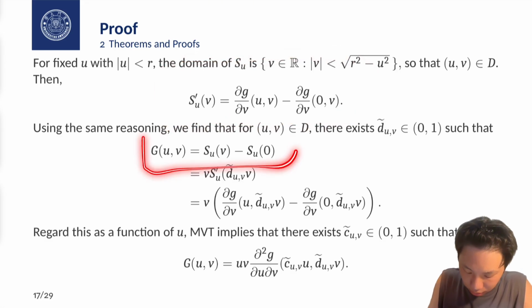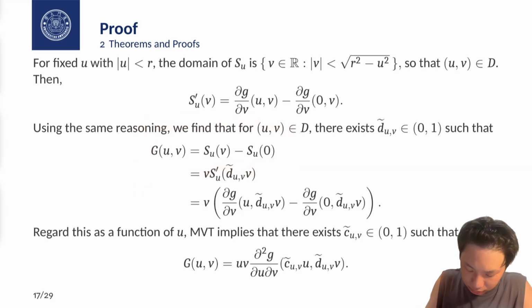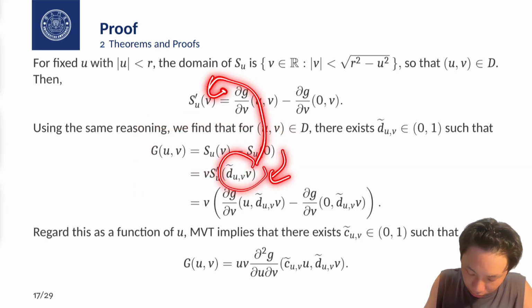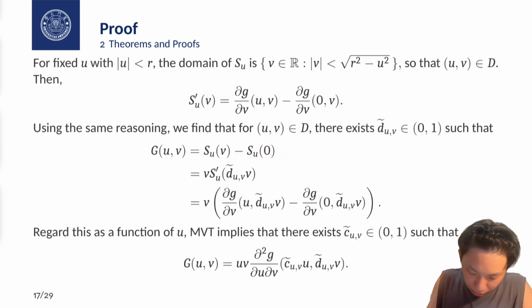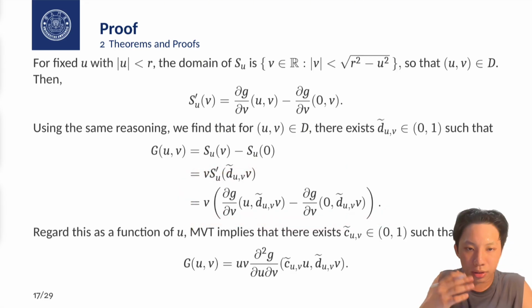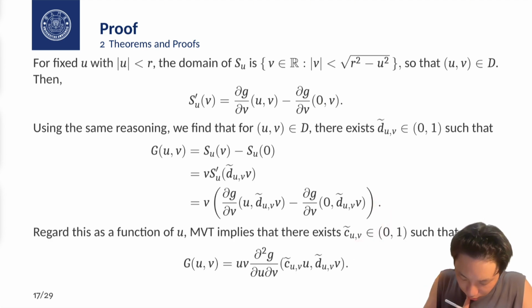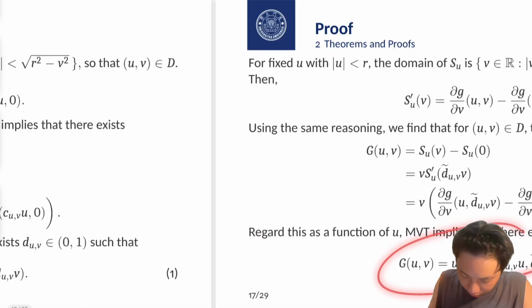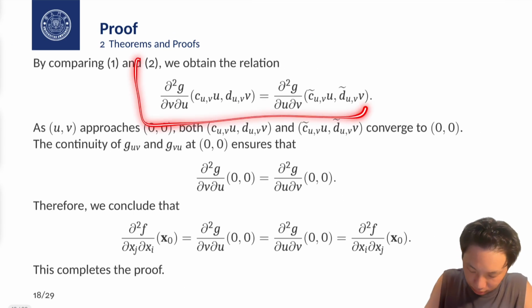We focus on the equation. This is a one-variable function now, so using the mean value theorem, we get this, and we plug in here, and in a similar way we get this result. Then we fix v as a constant, and now this becomes a function of u, and we apply the mean value theorem again, and we get this.